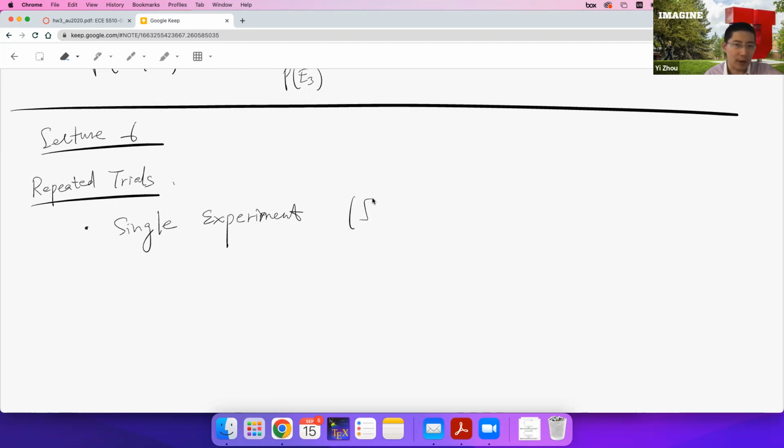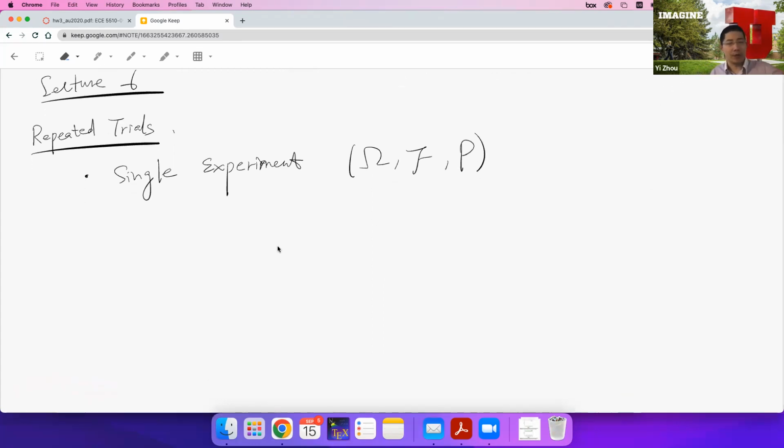And it has a probability space, right? These 3 elements: the set of all outcomes, the sigma algebra formed by some events, and the probability law assigned to the sigma algebra. So this describes a single experiment.